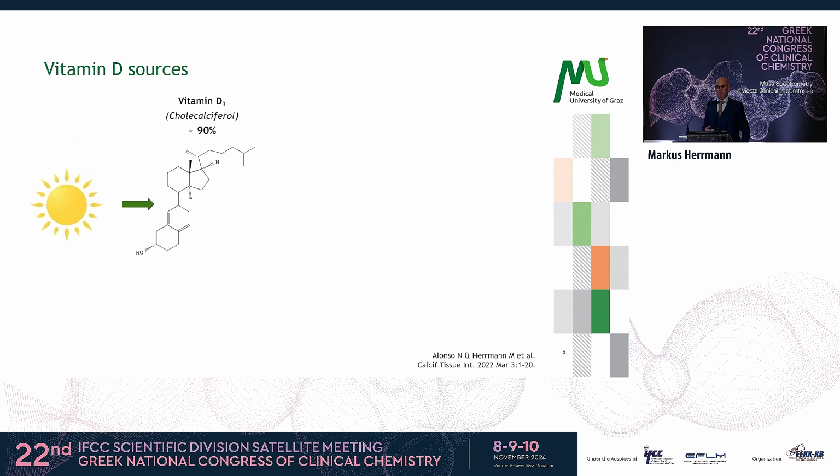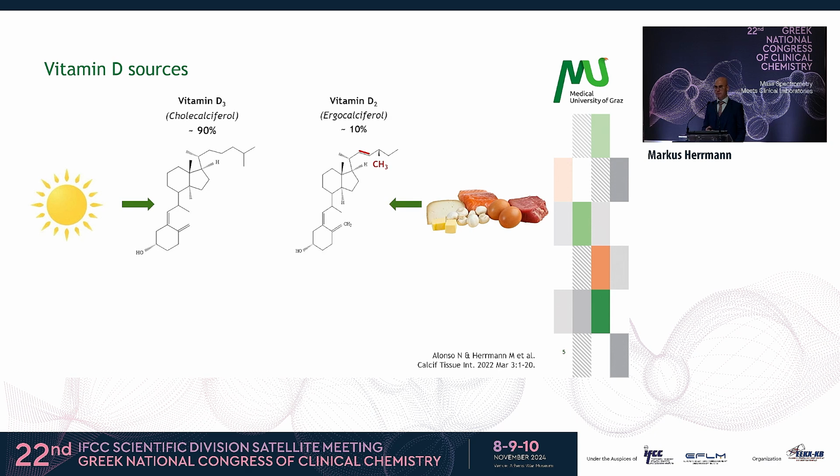Now, most of the body's vitamin D is skin-derived vitamin D3, whereas food-derived vitamin D2 accounts for a maximum of 10% of the total vitamin D. Vitamin D supplements can contain either D2 or D3, depending on where you purchase your supplements.